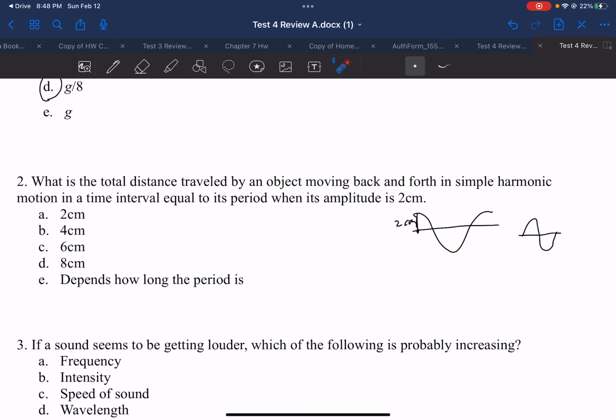Each one of those is 2 centimeters. In this particular iteration, we have the same thing: 2 centimeters up, 2 centimeters down, 2 centimeters down, 2 centimeters up. No matter what, we're always going to have 4 stages of 2 centimeters each. As a result, it is going to be amplitude times 4, so the answer is going to be 8 centimeters.